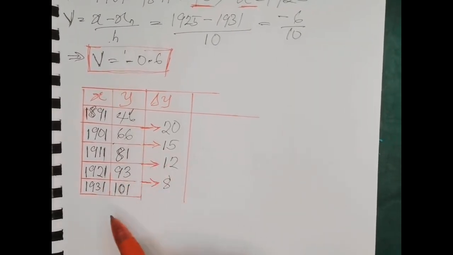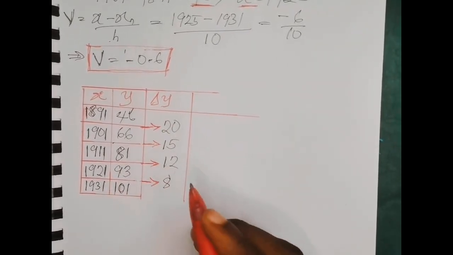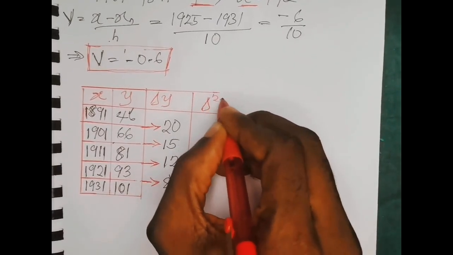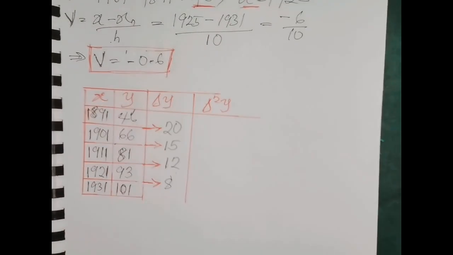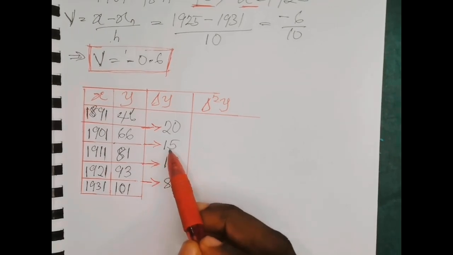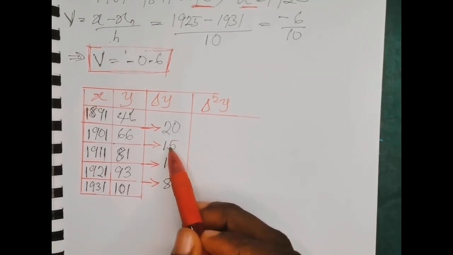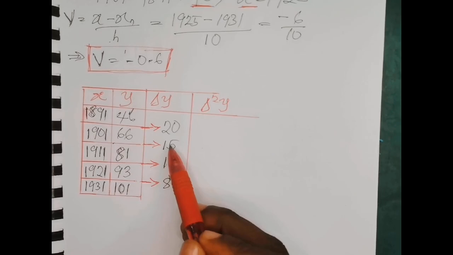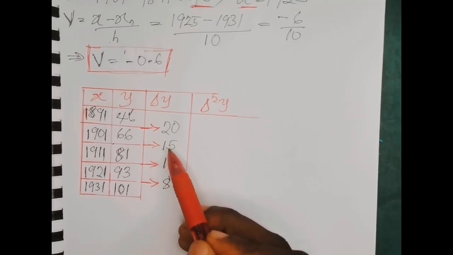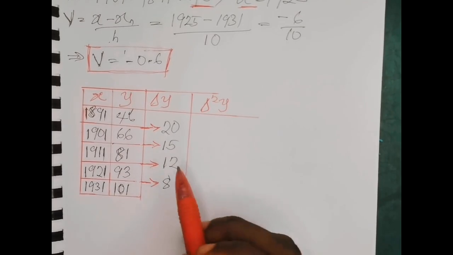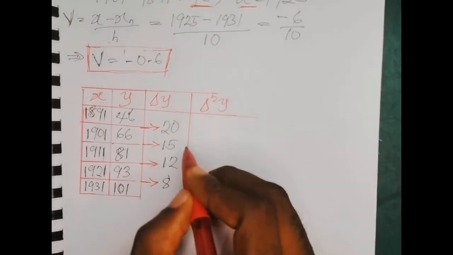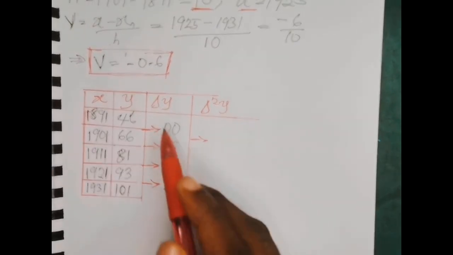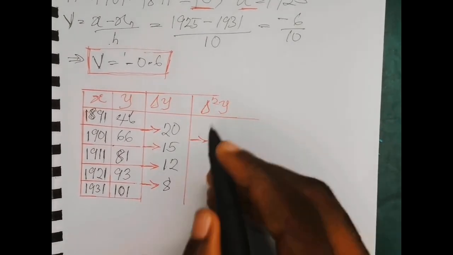We still carry on. We have to find these differences until only one difference is left. So we'll perform the second difference, labeled as delta squared y. Once again, it becomes delta y1 minus delta y0, delta y2 minus delta y1, and so on. So it's always the numbers ahead minus the previous numbers. So we have 15 minus 20, answer written at the middle, which gives us negative 5.